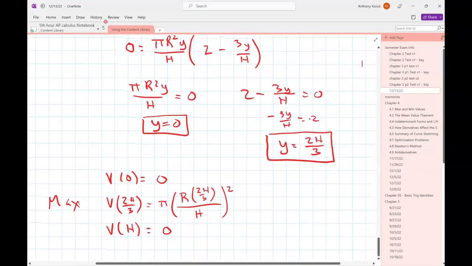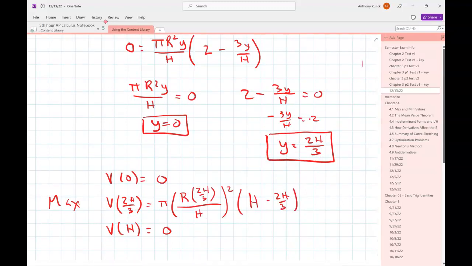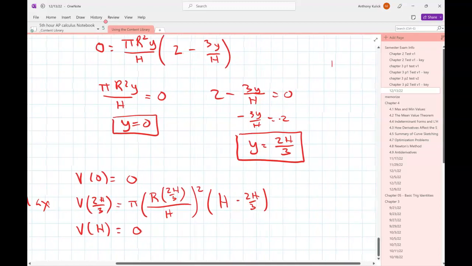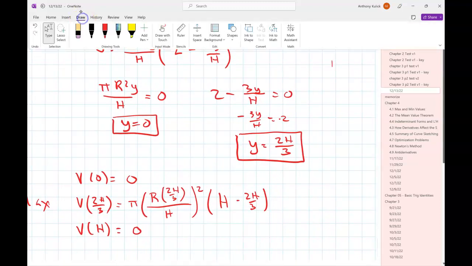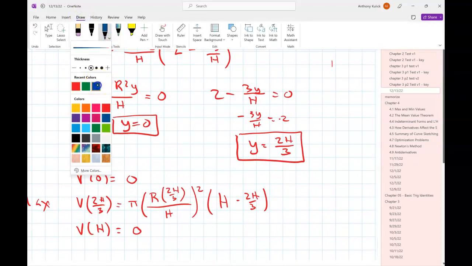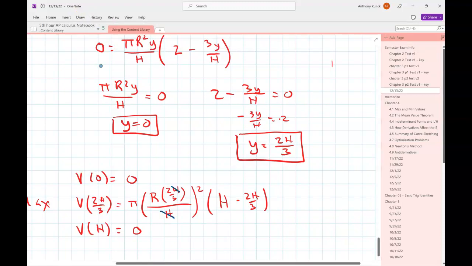Yep. And then times h minus 2h over 3. Okay, let's do some simplifying now. Here, those h's can cancel. And then what's h minus 2/3 h? 1/3 h.